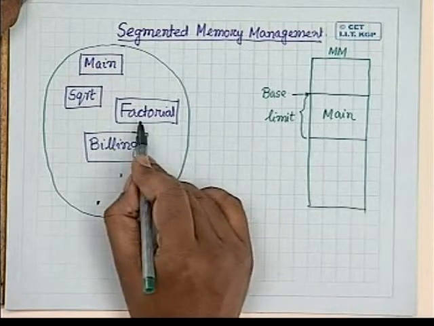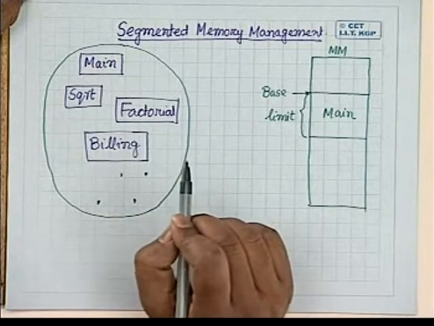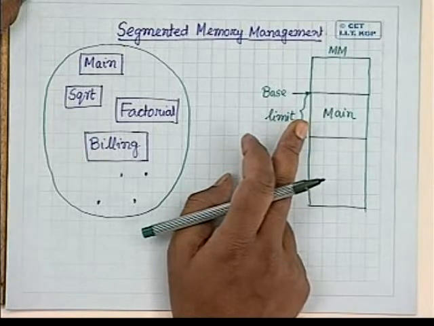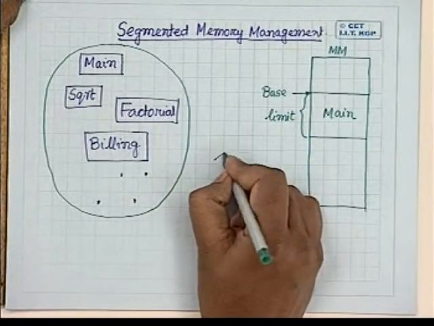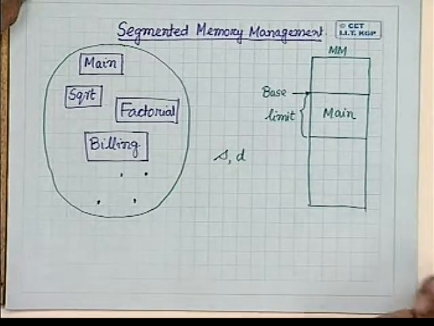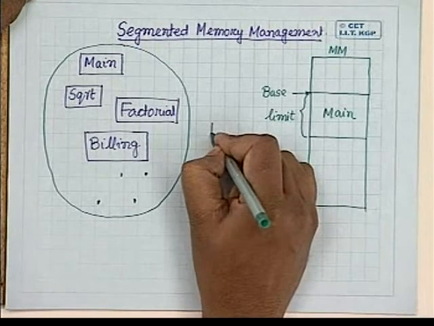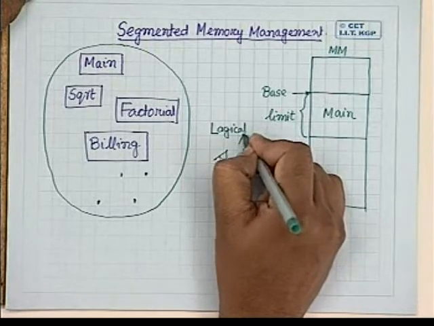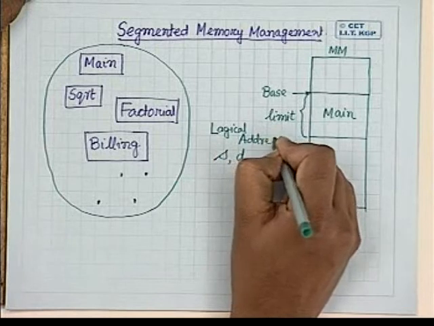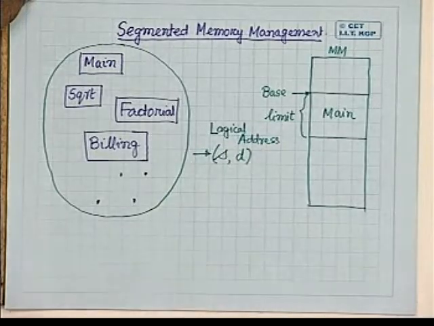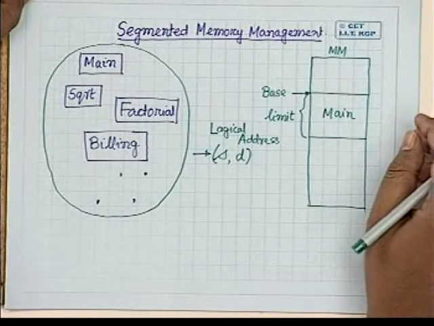Okay. And now, whenever the CPU generates an address, in the earlier case, the address was of two components, the page number and offset within the page. Now again the address will be of two components, but instead of page number, it will be segment number S and offset within the segment, the same D. And this is the logical address generated by the CPU, which will consist of two components S and D. Okay.